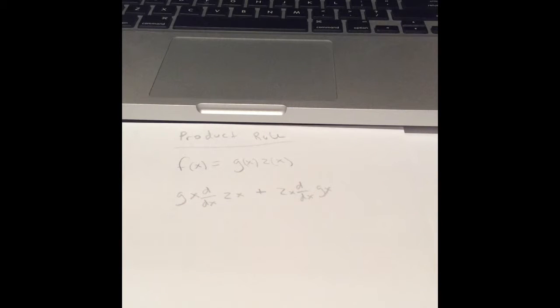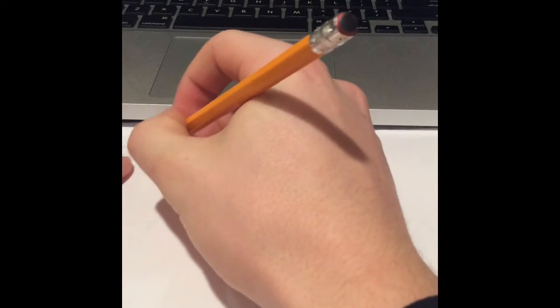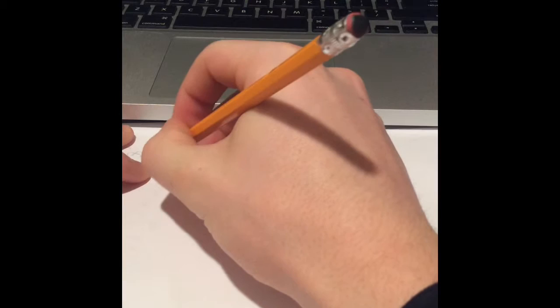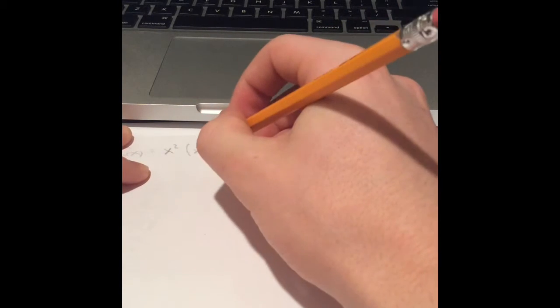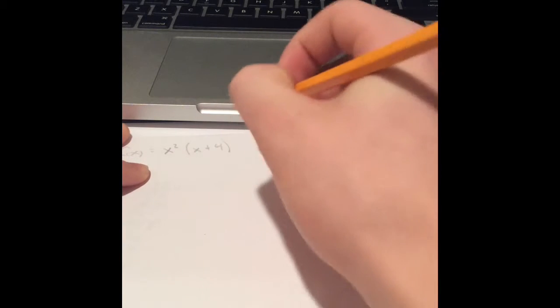So let's start with an example. Let's start with something fairly easy. Let's try f of x equals x squared times x plus 4.